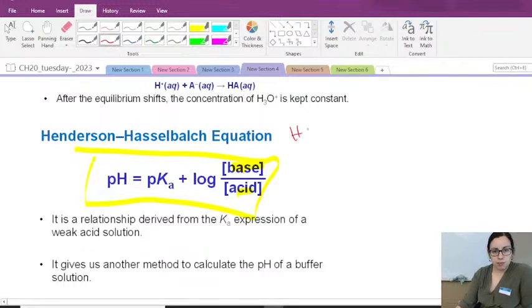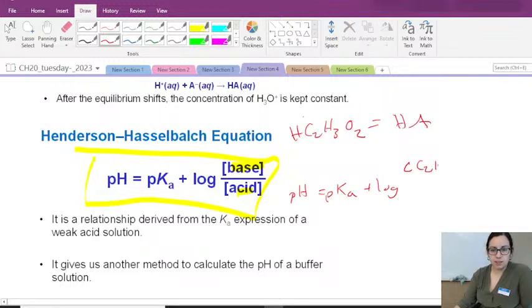So if we were looking at our acetic acid here, right, this would be on bottom. So this is equal to HA, the acid, and then acetate would be on top. I should rewrite that. So plus log, so in this case, acetate concentration, so whatever they said, over your acid concentration.